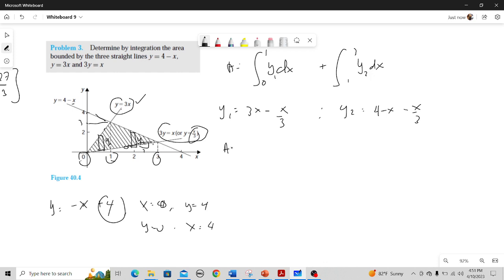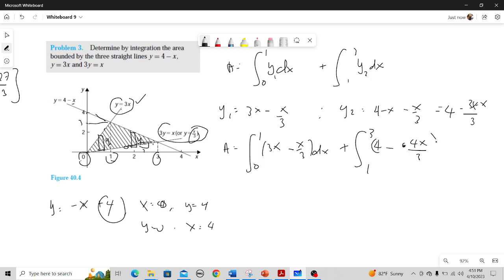Okay, so we can substitute. You have the integral from 0 to 1 of 3x minus x over 3 dx, plus the integral from 1 to 3 of 4 minus x minus x over 3, which simplifies to 4 minus 4x over 3 dx.